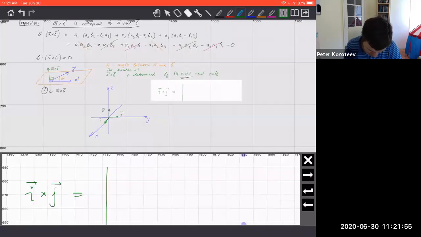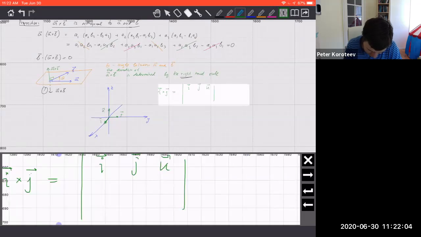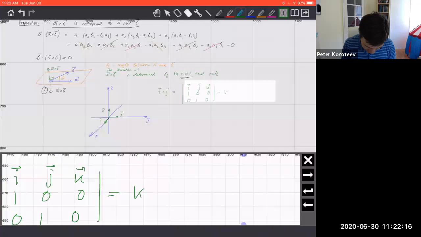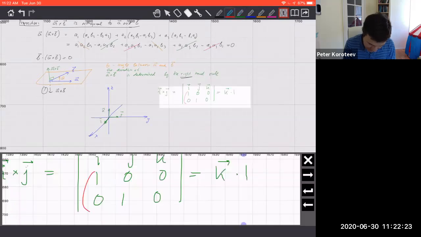You take I, J, K, and then vector I is 1, 0, 0, vector J is 0, 1, 0. Out of 3 minors, the only non-zero minor will be the one which goes with K. So it's K multiplied by 1, because the determinant of this matrix is equal to 1.